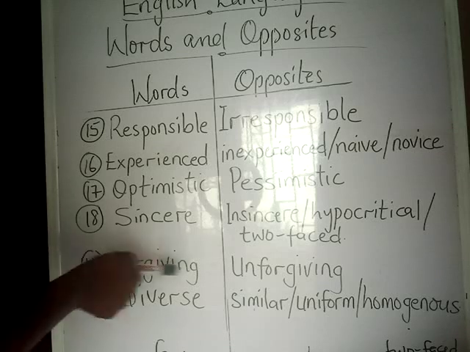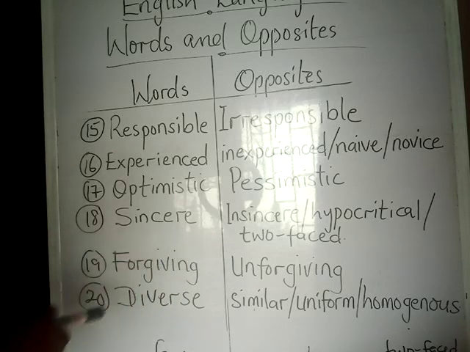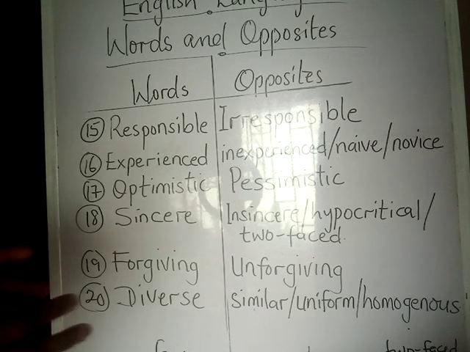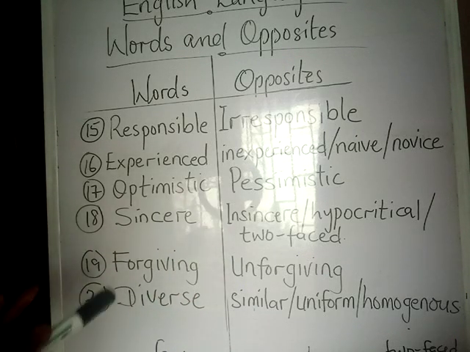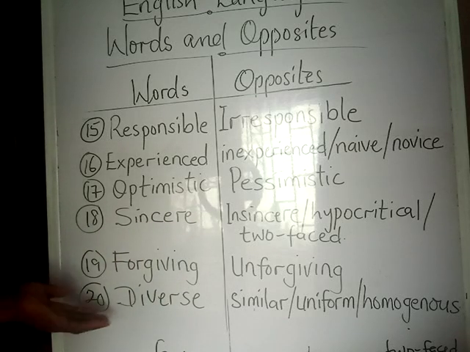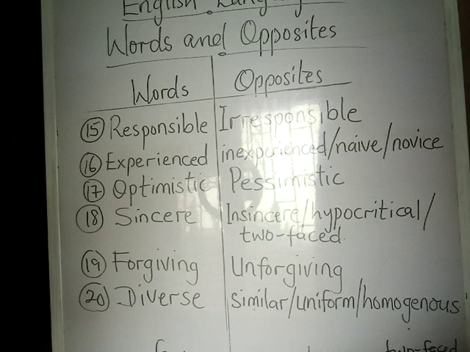The next one here is forgiving. To forgive means to pardon someone for any offense and to let go. And then the opposite of forgiving is unforgiving, or it can be vindictive. And the last one here is diverse.